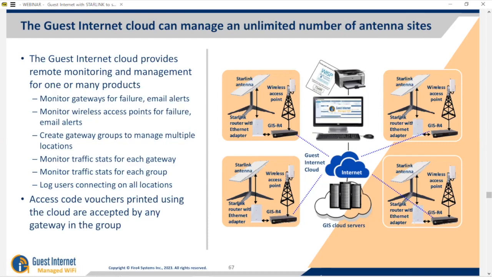It can be done from one laptop very easily. And with the monitoring, we're not only monitoring the wireless access points, we also monitor the guest internet gateway products, and we monitor the Starlink connection as well. And so we get an alert via email if anything fails. And so we know exactly what we have to do to correct the problem.